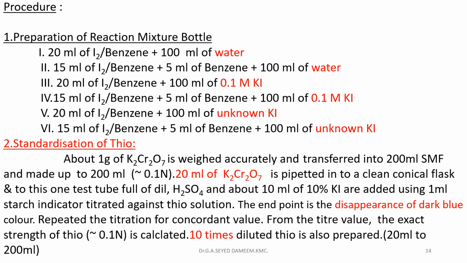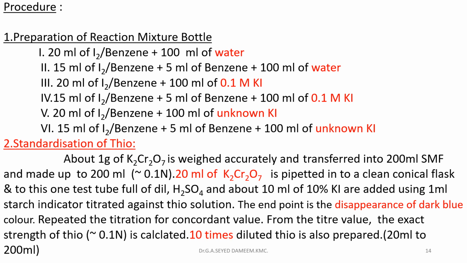This solution is titrated against sodium thiosulfate using 1 ml of starch as indicator. The endpoint is the disappearance of the dark blue color. The titration is repeated for a concordant value. From the titer value, the exact strength of thio is calculated.